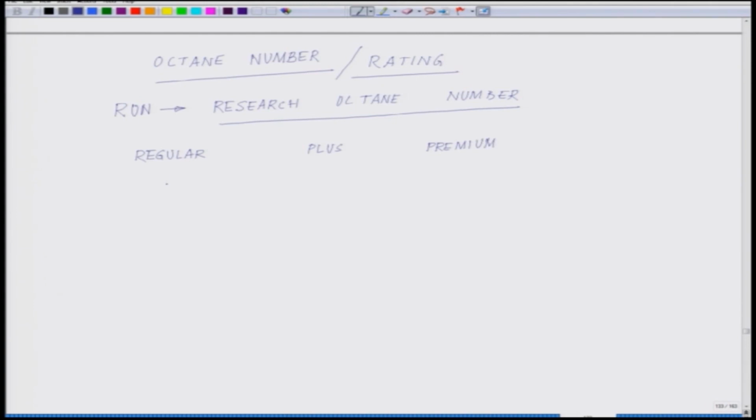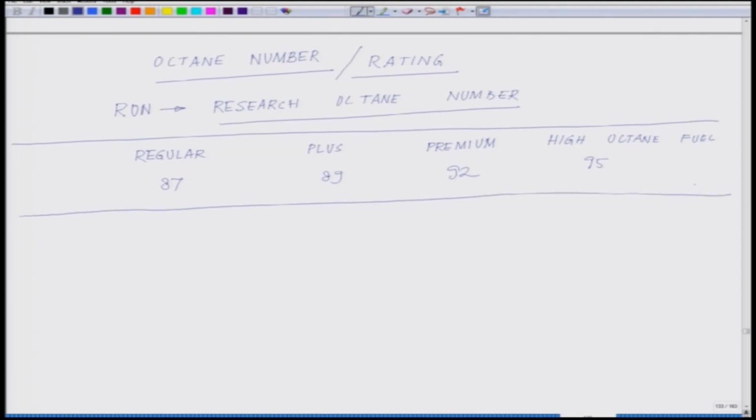Regular will have 87, plus will have 89. The numbers could vary, 92, and then you will get something like high octane fuel. If you have traveled outside the country, this is very common. Here also you will see in several gas stations these kinds of things mentioned.